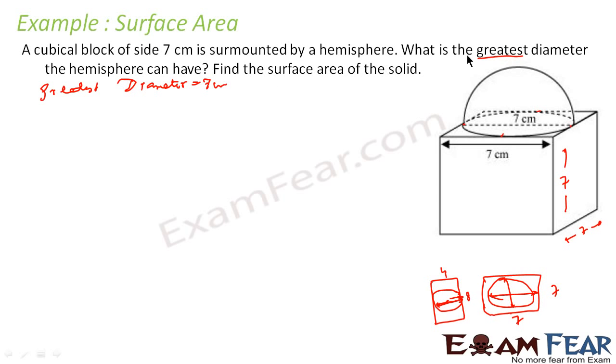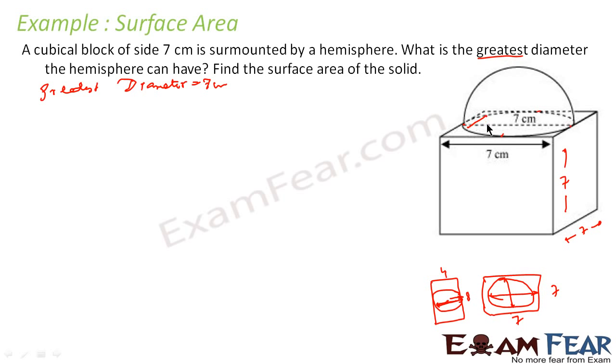First part is done. Now we have to find the total surface area of the solid. Here there is a trick actually. If you observe this, we can't just add directly. We can't say that the total surface area is the surface area of the hemispherical figure plus the surface area of the cube. Why? Because there is a common area. I'll put it in red.